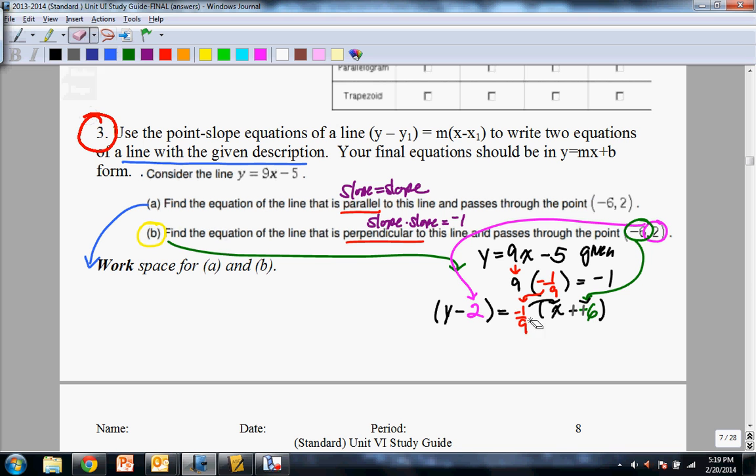You could either distribute, or if you want to get rid of it, one way you can get rid of it is simply multiply everything by 9. That might actually be faster. When you do this, if you choose to do it this way, make sure you distribute it to the far side as well. In fact, let me put the 9 over there so you don't forget.